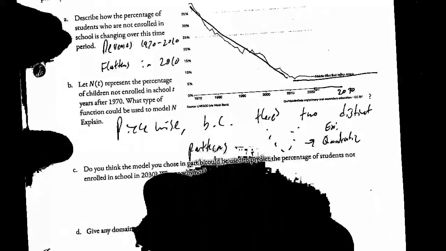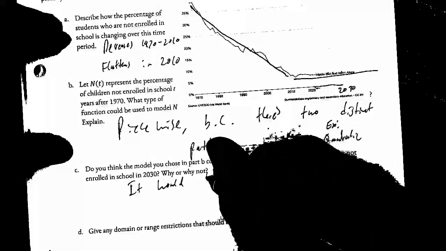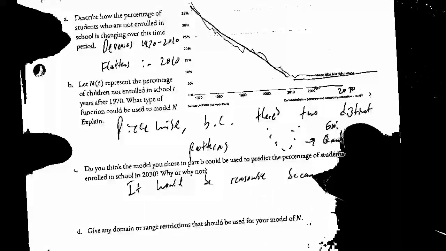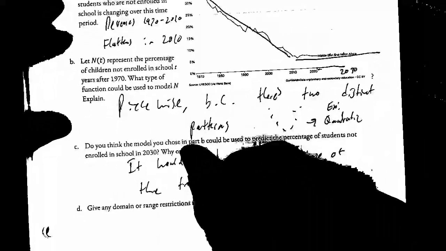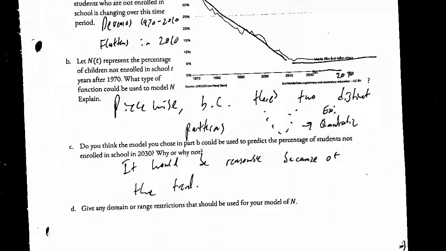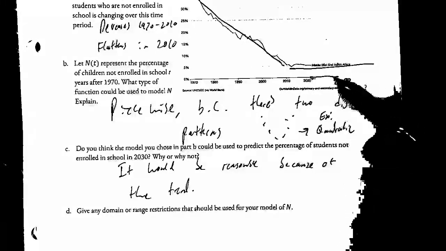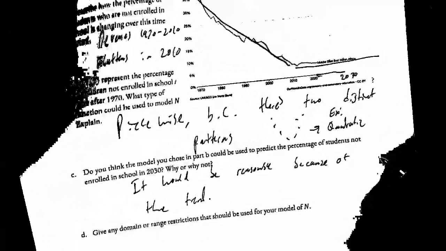So I think it would be reasonable because of the trend. But you could also make the argument that it's going to get lower because things will get better and more students will be in school. There's that argument too, but I'm being pessimistic.